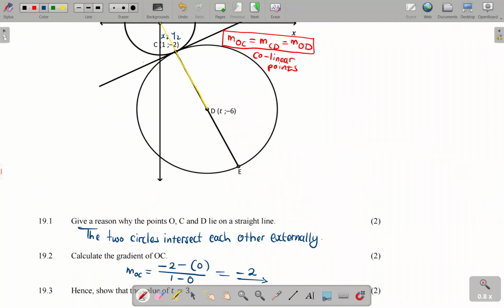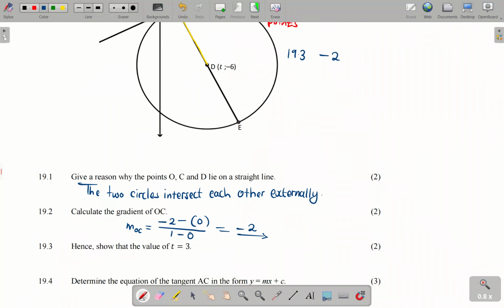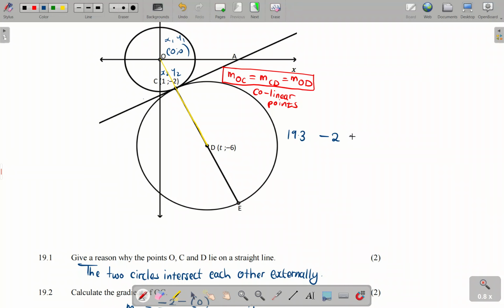So I'm just going to answer this here, 19.3. Now you have -2. That will be your gradient, and then you can call this your x1, y1, x2, y2.